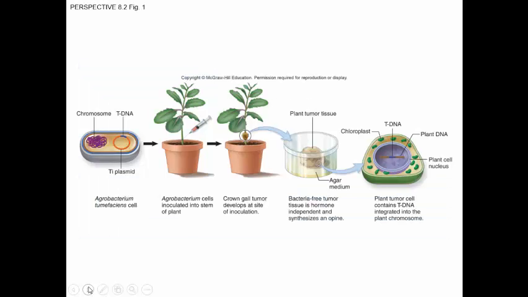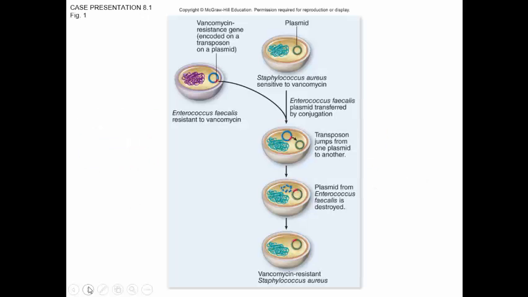And you can see that here. The Agrobacterium tumefaciens has a Ti plasmid, and you would see this crown gall tumor, this infection in the stem. But when you start taking that apart, you can then isolate that T-DNA and start doing some marvelous work to make better disease-resistant plants.